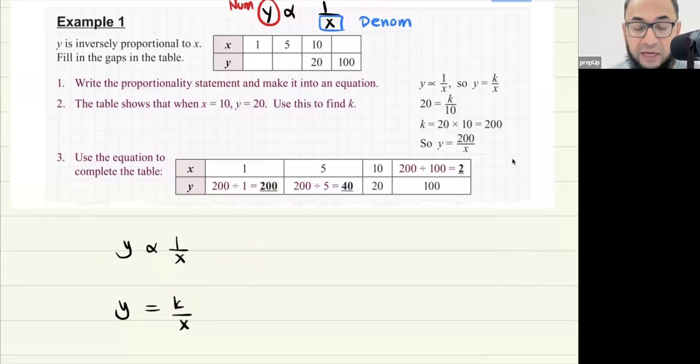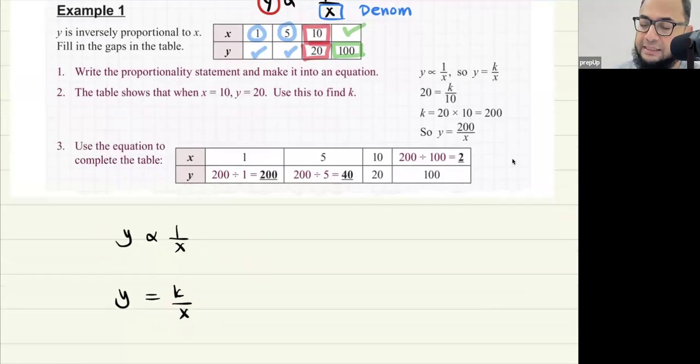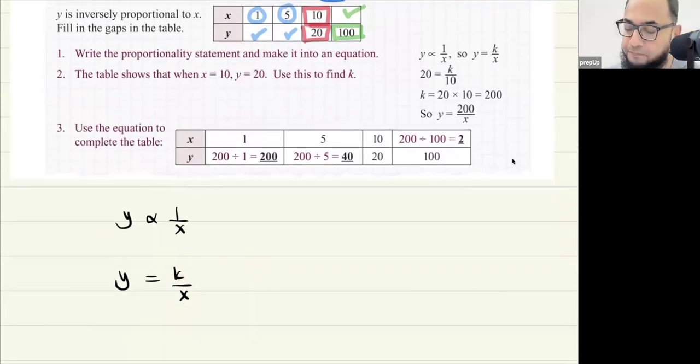That's perfectly fine. The value of k will be different, but if you make y the subject, you will get the same answer. So now what do we have? The value of x is given, the value of y is given, and then x is given, find y, and then y is given, find x. That's the working that needs to be done.